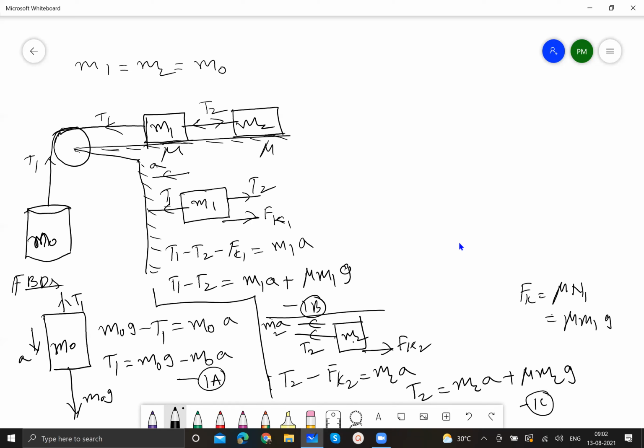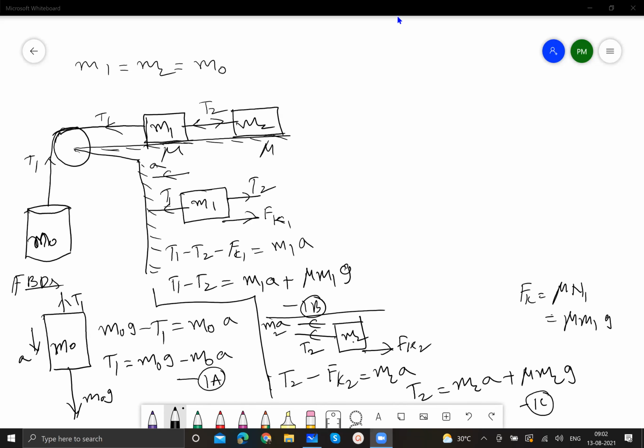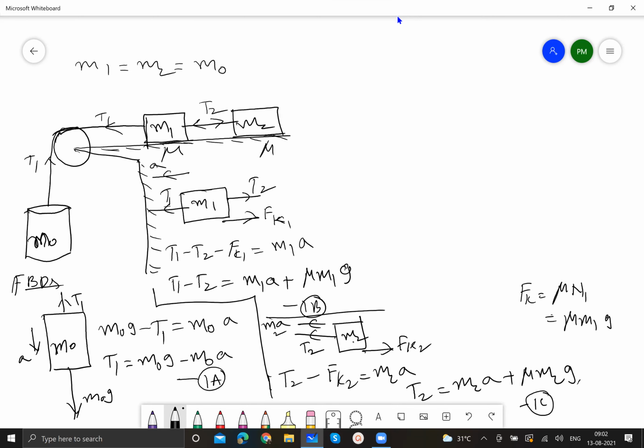Call it 1C. Now, using them, in place of T2 you can substitute M2A plus mu M2G, and substitute that in place of T2. Then bring the T1, equate them.